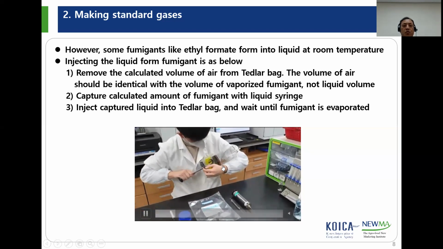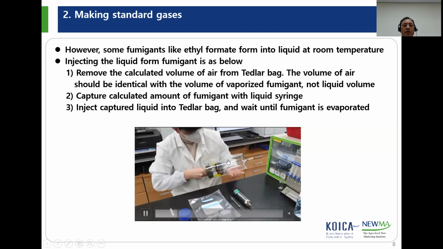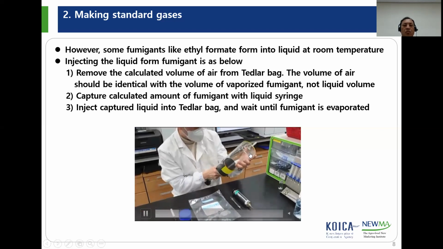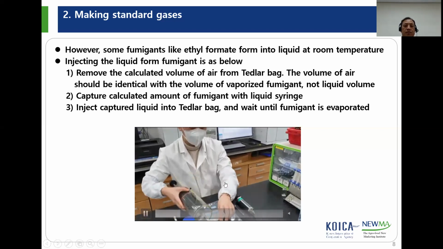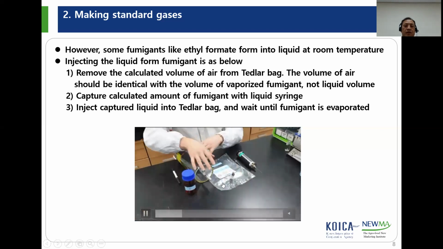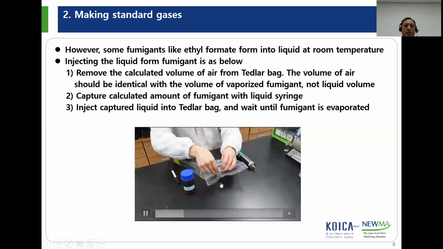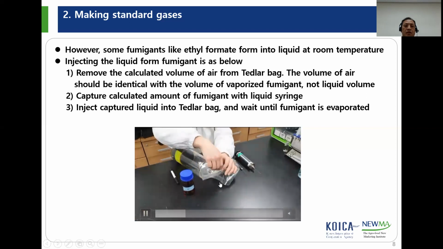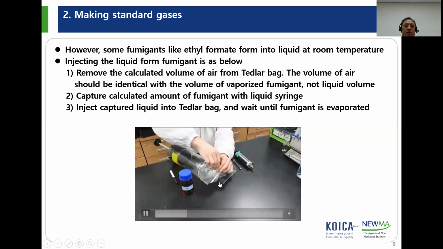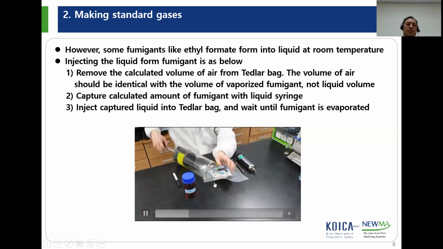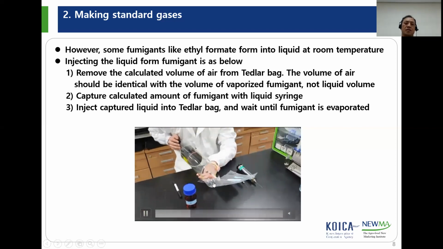You capture air of 1 liter with the jumbo gas tight syringe. And inject.